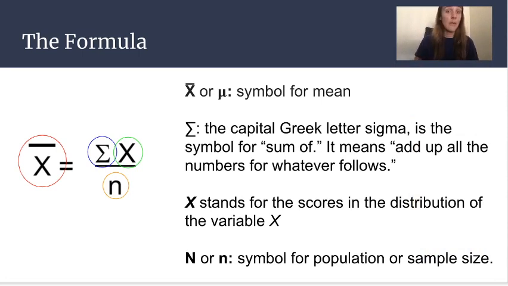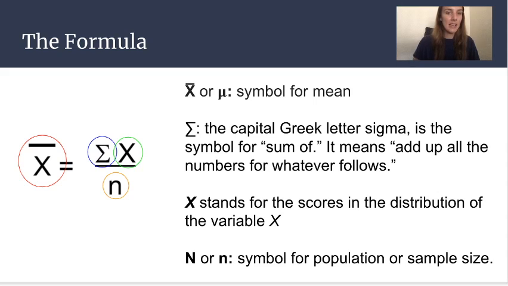So we have the symbols for the mean. And then we have sigma. We introduced sigma back when we were working with frequency tables. But a capital sigma, capital Greek letter sigma, is the symbol for sum of. So when we see this, what it means is we want to sum up everything following the sigma.